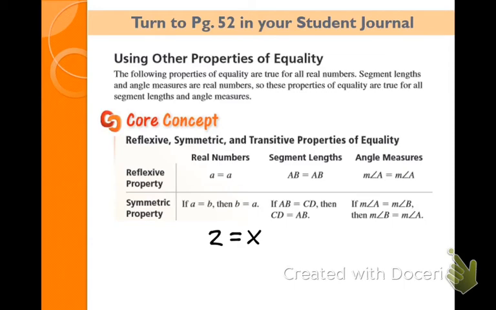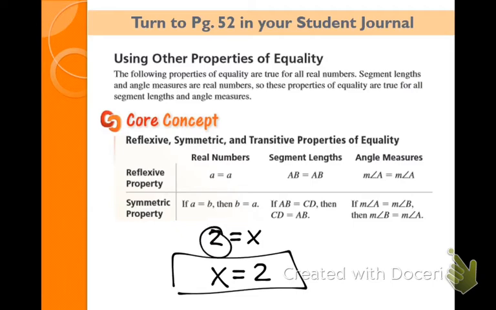As long as you got the number correct, it's the same. So the symmetric property, like if you wrote 2 equals X, she would have you flip it to X equals 2, right? That's a symmetric property. But it's the same thing. You just flip them around. So what was on the left is now on the right, and what was on the right is now on the left. That's the symmetric property. You can use it if you want to, but it is not required.